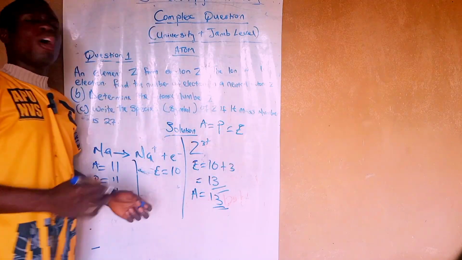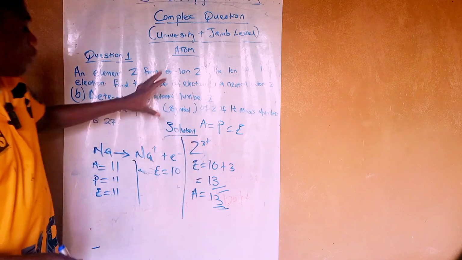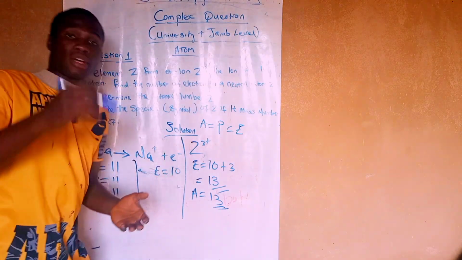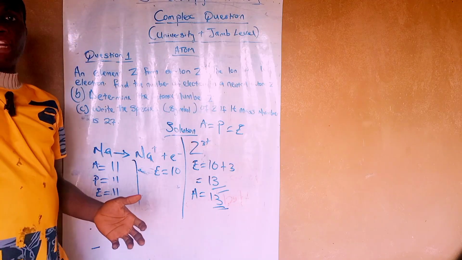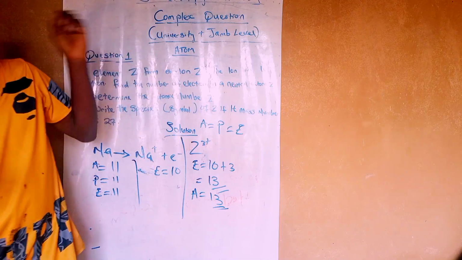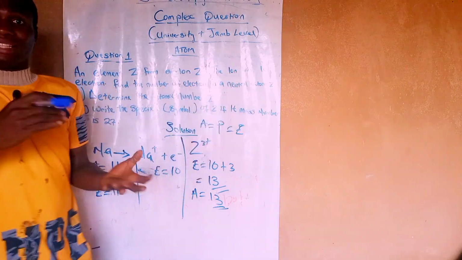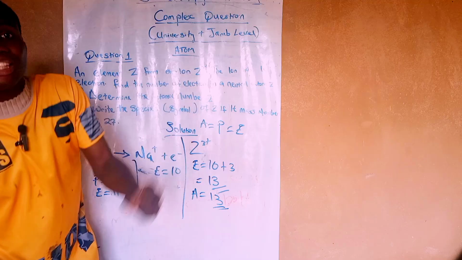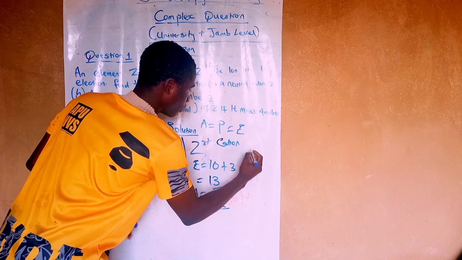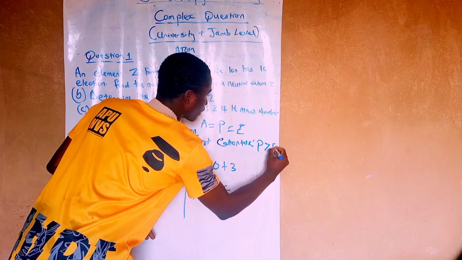But when an atom becomes a cation, which is positive charge, the number of protons is always greater than the number of electrons.